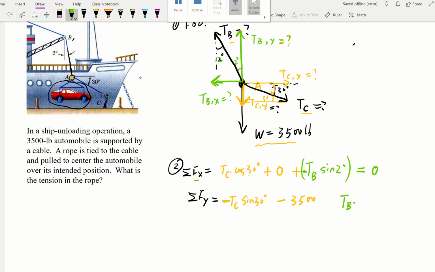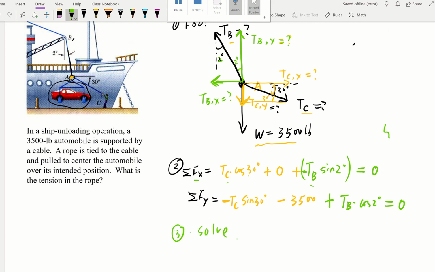So it's TB times cosine 2 degrees, and it's going upward, so it's positive. That gives us equal to 0 because it's at equilibrium. You have two equations and two unknowns, TB and TC. So the rest is just solving those equations.